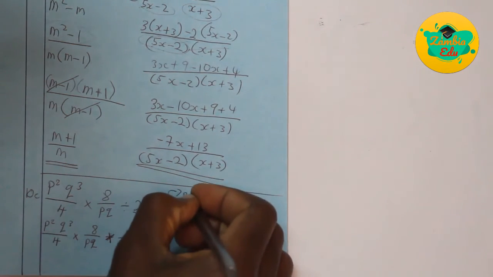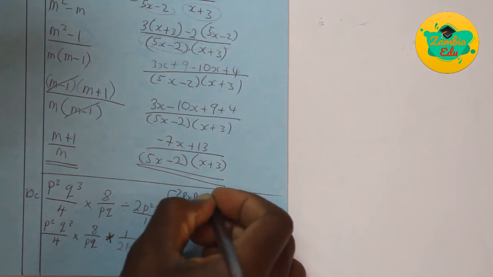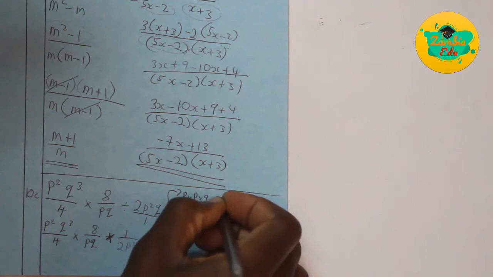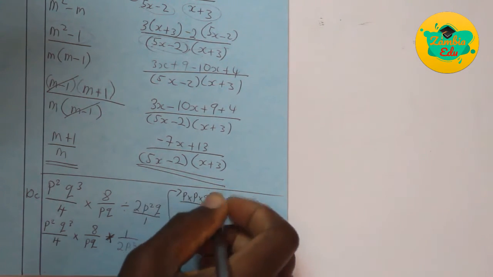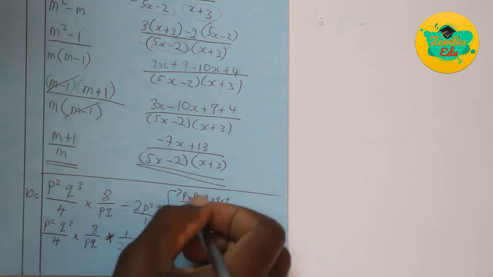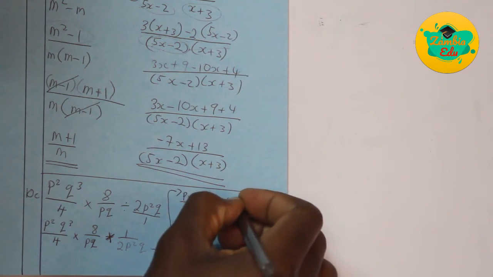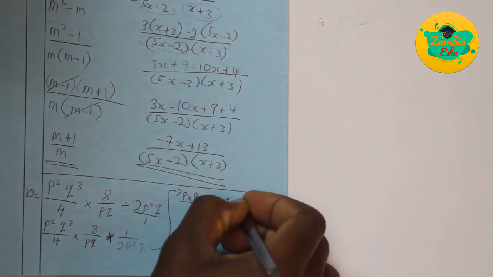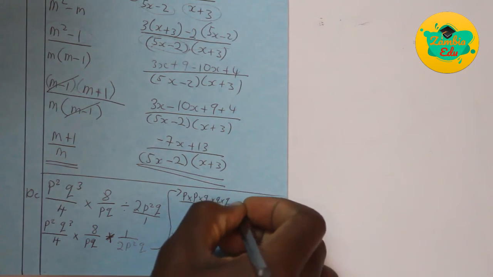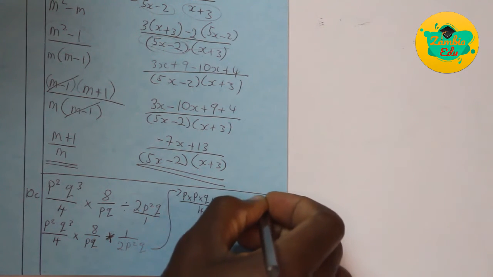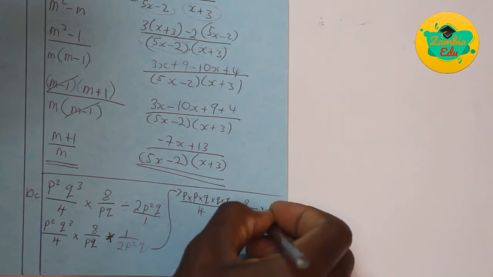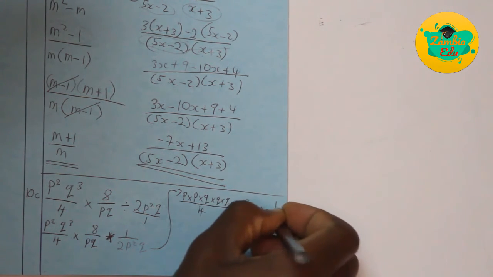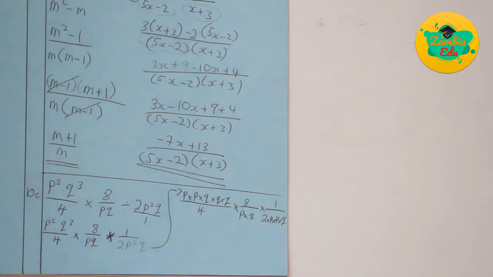So you have p squared, p times p, times q times q times q over 4, multiplied by 8 over p times q, multiplied by 1 over 2 times p times q.